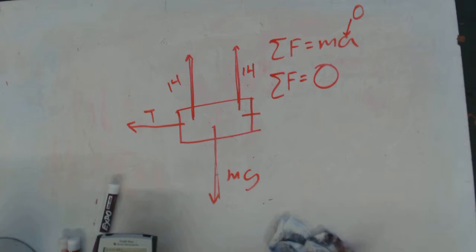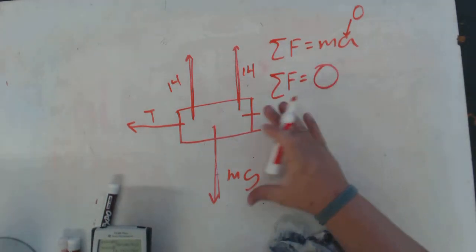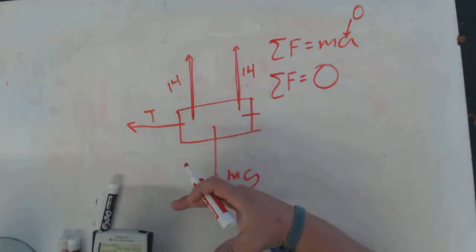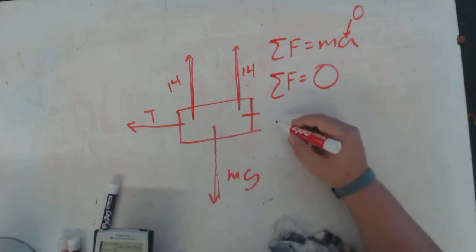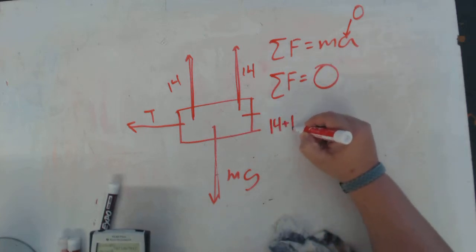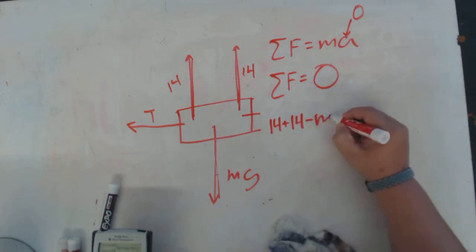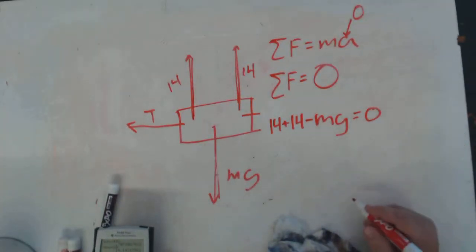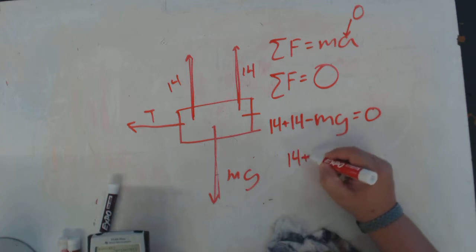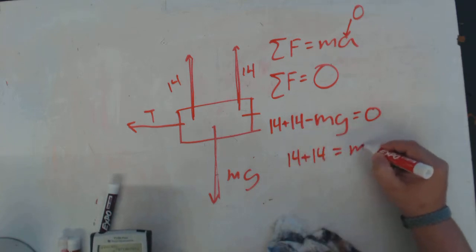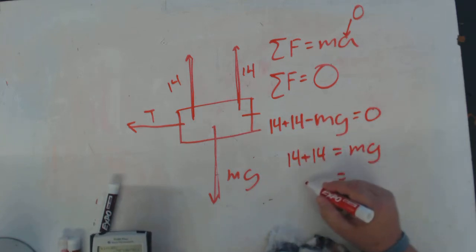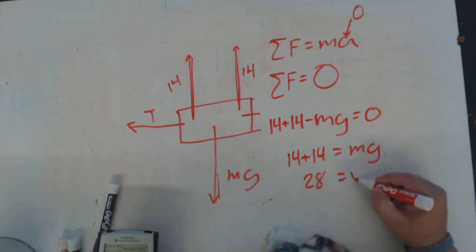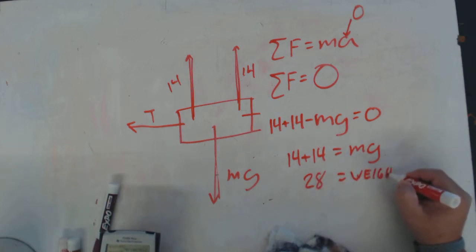It's a balanced system, which means that all of my upward vectors equal my downward vectors, but expressed this way would be 14 plus 14 minus mg, because it's pointing down, equals 0, or 14 plus 14 equals mg, or 28 is equal to the weight of my picture.